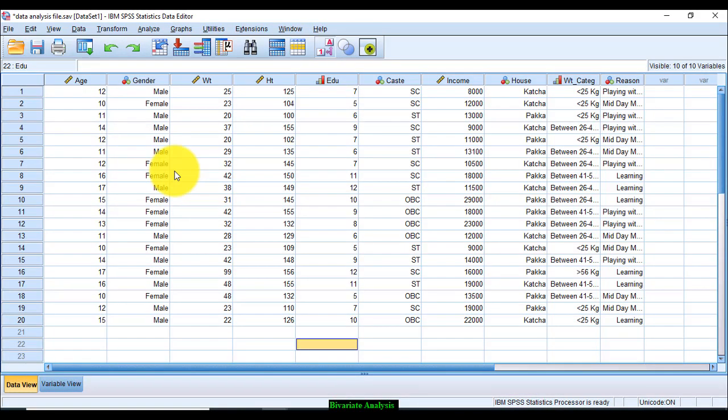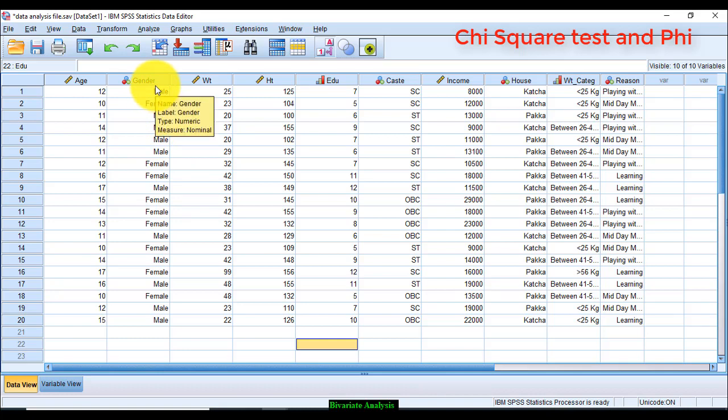Lastly, to check the relationship between two dichotomous variables, we use phi statistics. The two dichotomous variables here in this data file are gender and the type of house. So let us examine whether the type of house is associated with the gender.